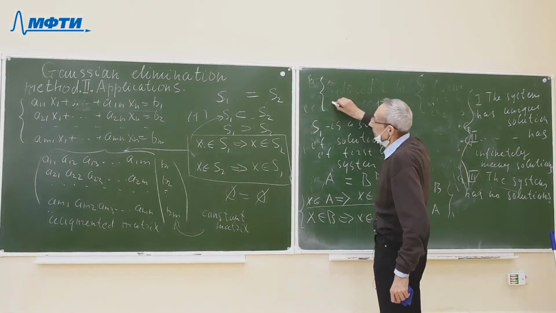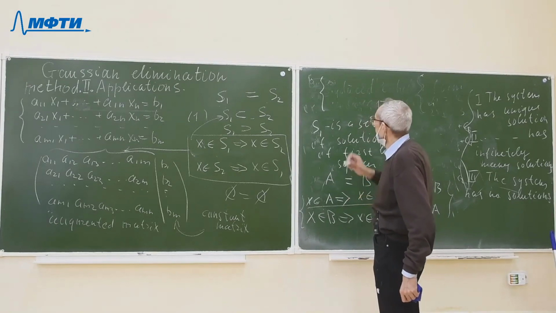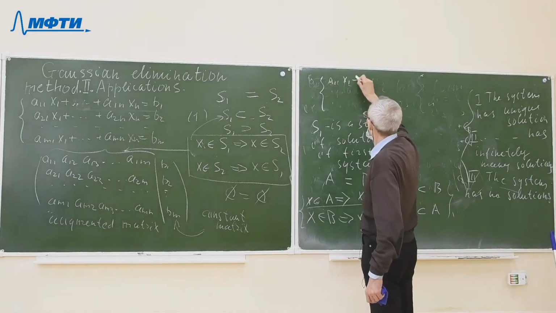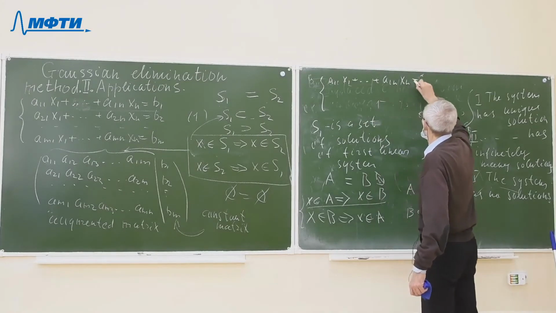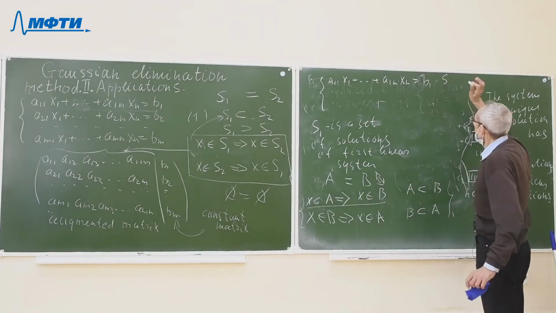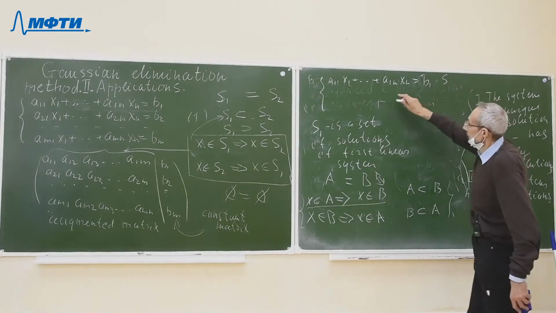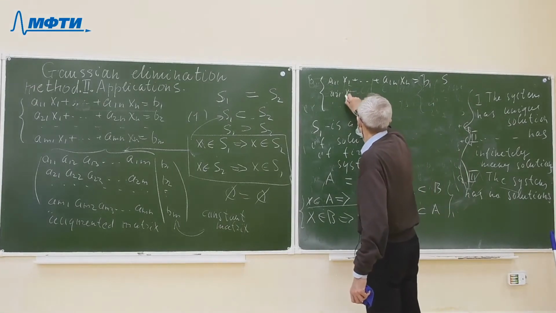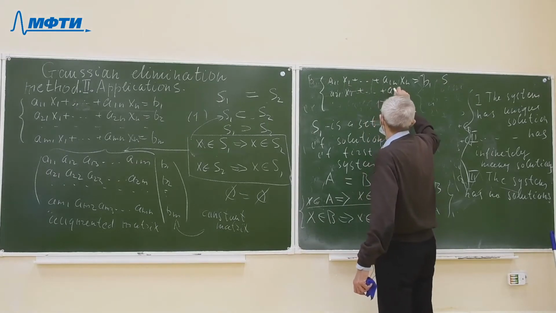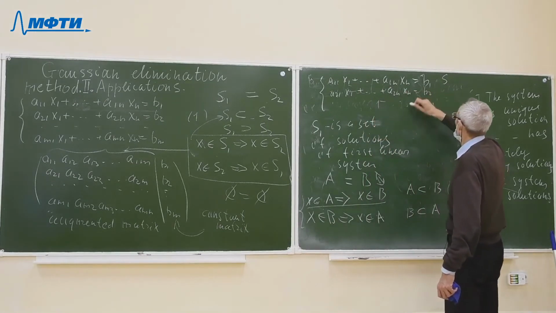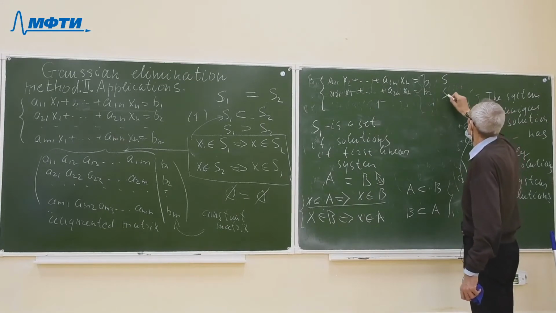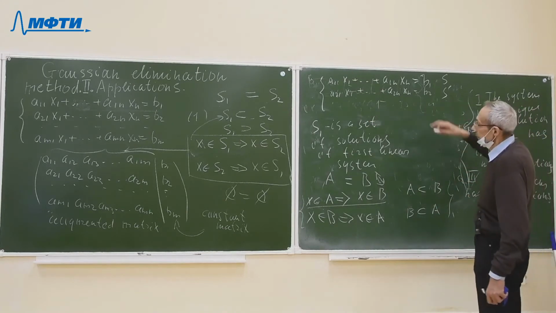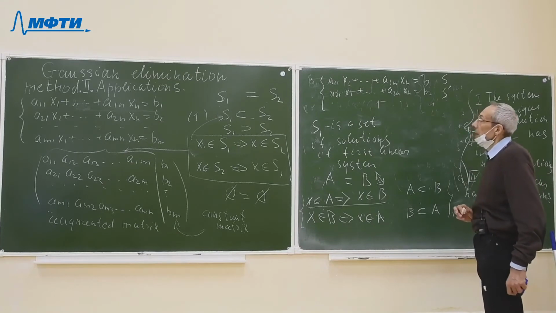If we have some collection of equations, for example, two equations, and if S is a solution of the first linear equation, and we have also a second linear equation, and this equation has a solution S prime, the solution of the linear system is the intersection of solutions of every linear equation.